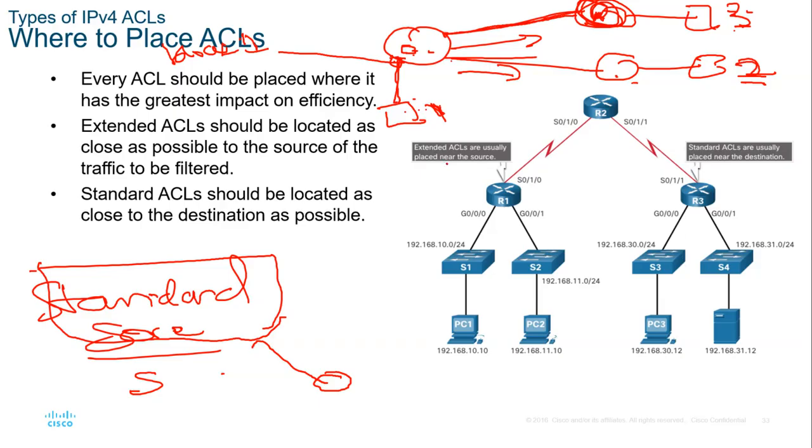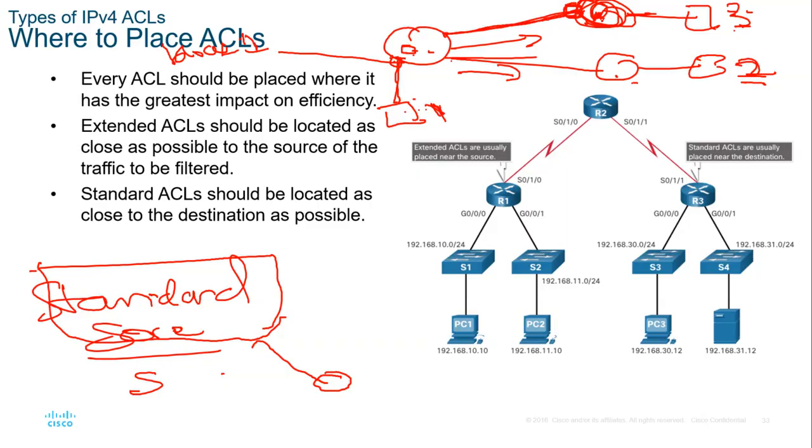So we're on this router here, but which direction? Is it on this, or is it on this? Because if you put it on this, it means that every packet that comes here on this interface has to be filtered.